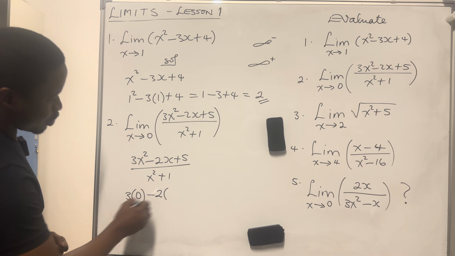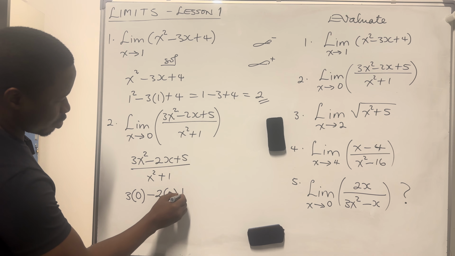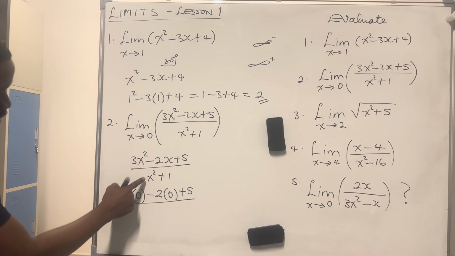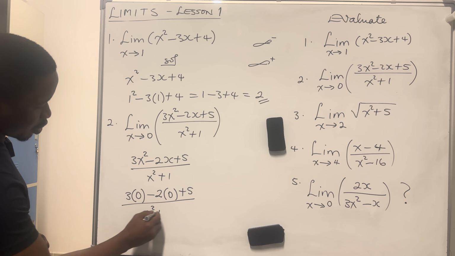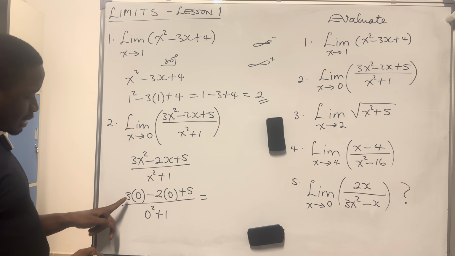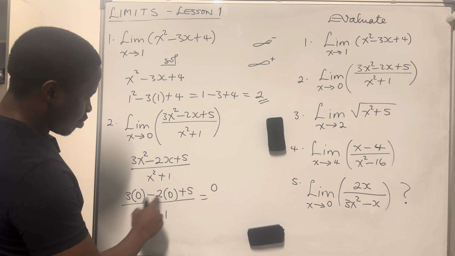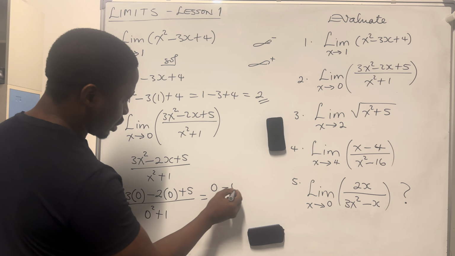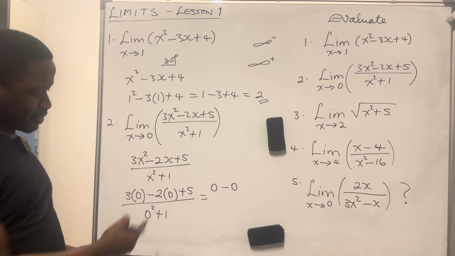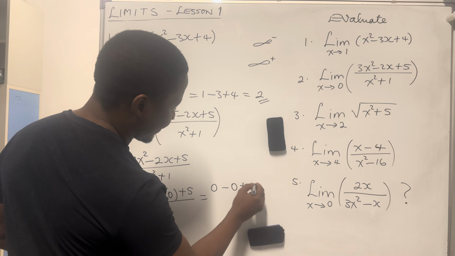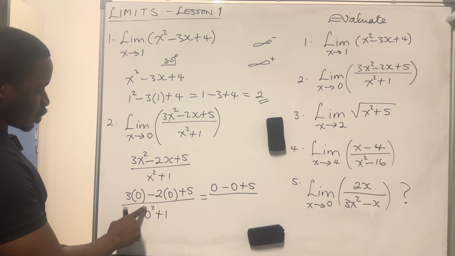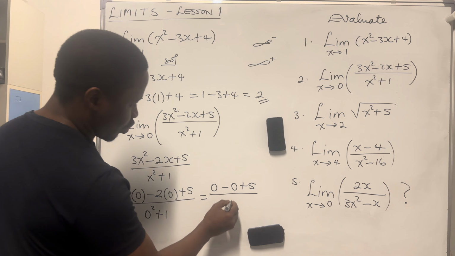Minus 2 times 0, plus 5, over 0 squared plus 1. 3 times 0 is 0. Minus 2 times 0 is 0. You don't even need to write all this. Plus 5 over 0 squared, which is 0, plus 1 is 1.